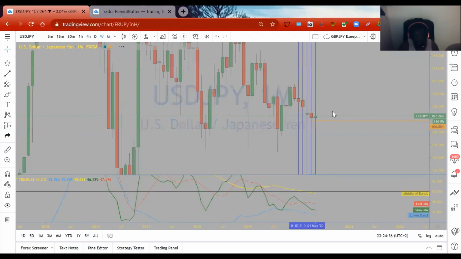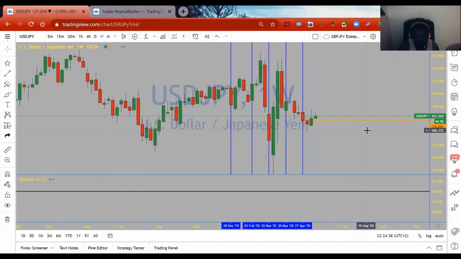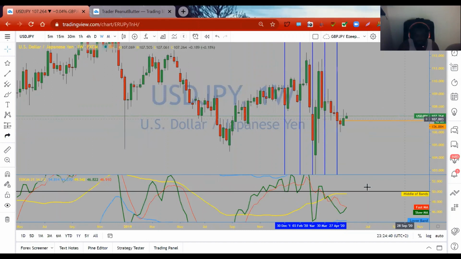Let's check again here in the week. So you can see that the price line is slowly going above black. So market wants to go up long term. Now this current week, price would want to fill this week here.